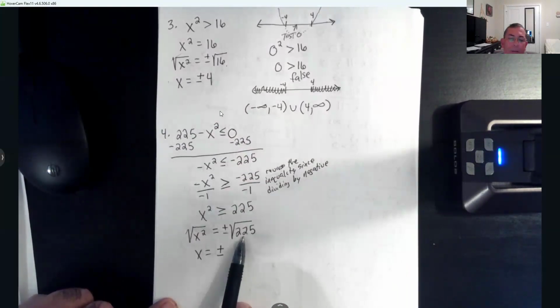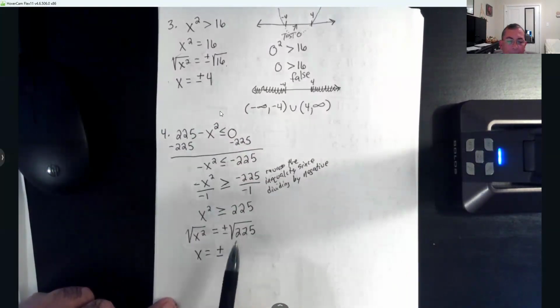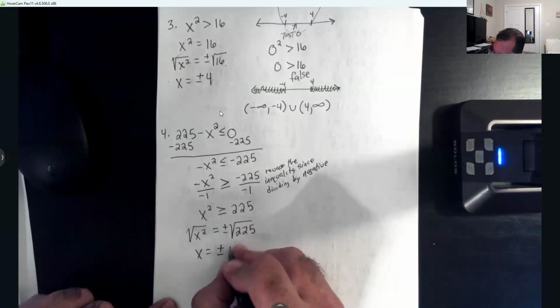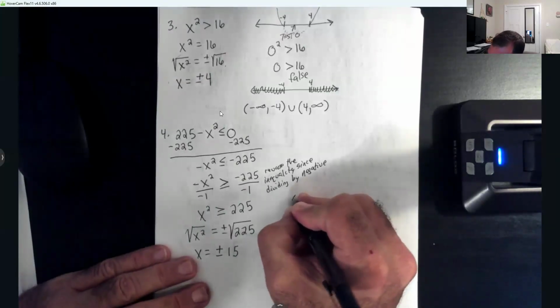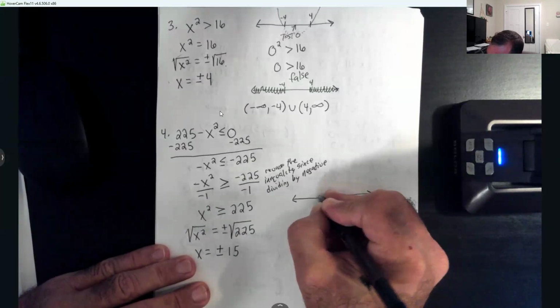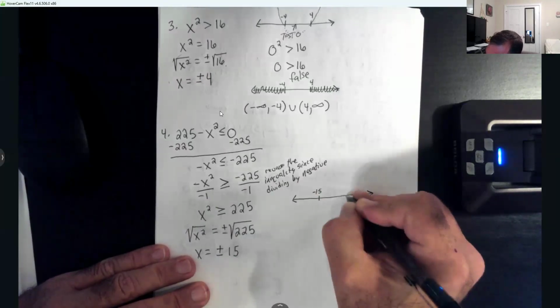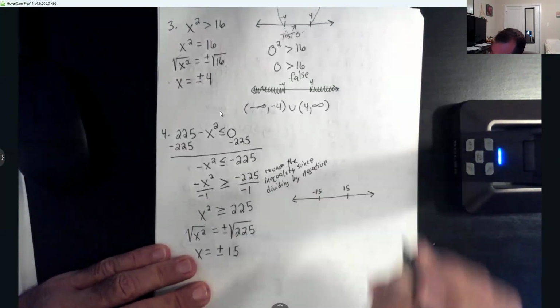That's a big number there. That should be, square root of 225 should be a plus or minus 15. So, we got our two numbers, negative 15, positive 15.